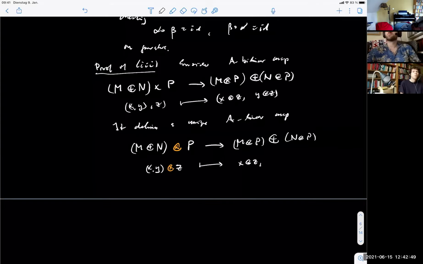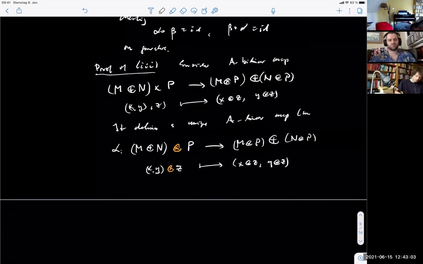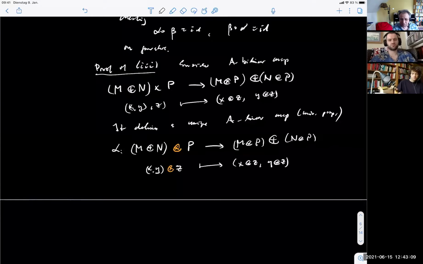I just copy it. This has a name. Let's call it alpha. Now, this is the universal property. So this map is well defined, A-linear.